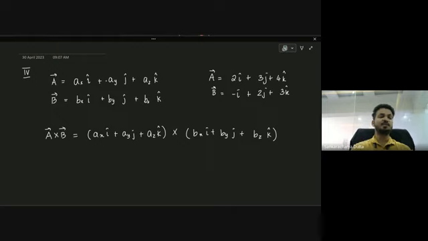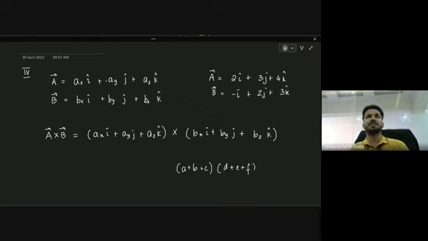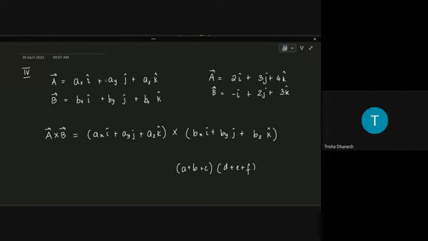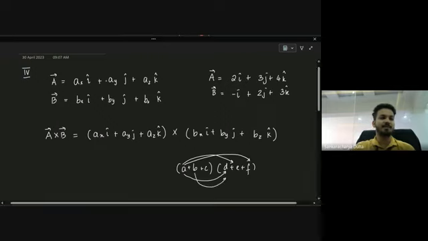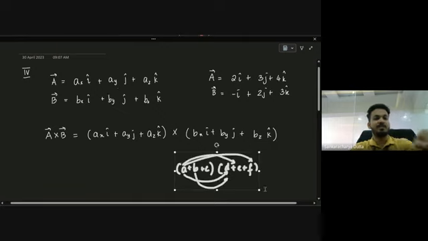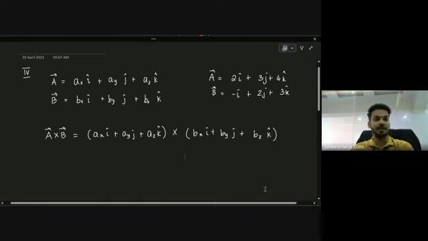Now, if you have a plus b plus c, multiplied with d plus e plus f, how many total terms should be generated? 9. Yes. If you multiply a with d, a with e, and a with f, then we start with b, and you multiply b with d, b with e, and b with f. This is the mathematical process we follow to multiply. There should be 9 terms generated here.